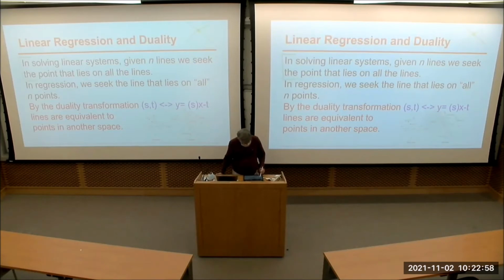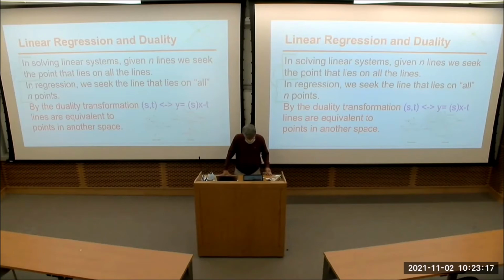If we think about what linear regression is, the problem of linear regression is really that we seek the line that lies on all the points. There are two differences between solving linear systems and regression.